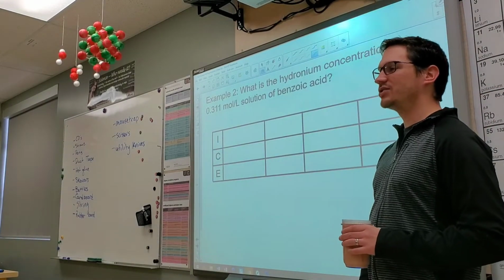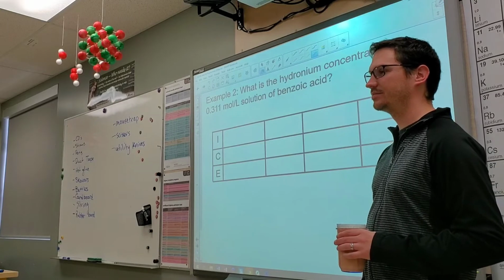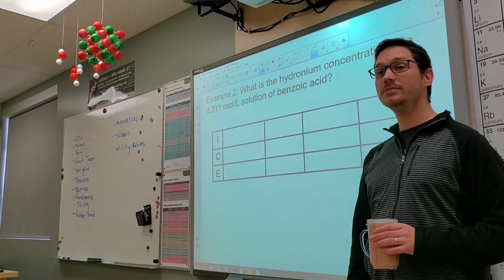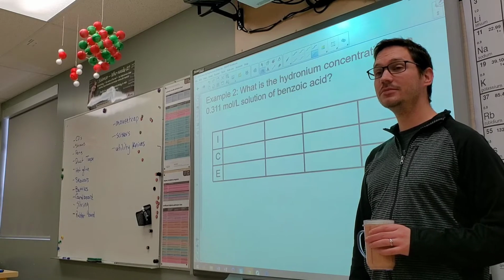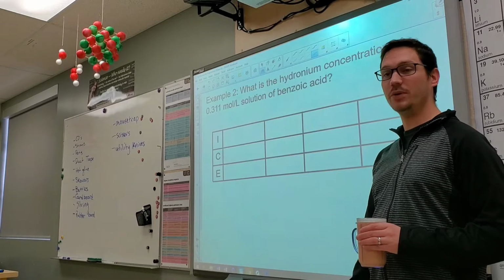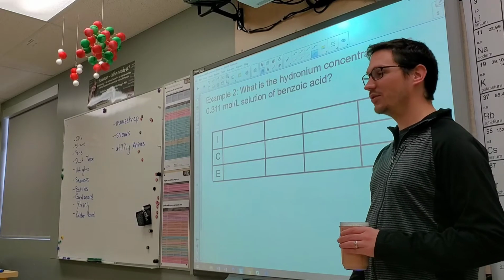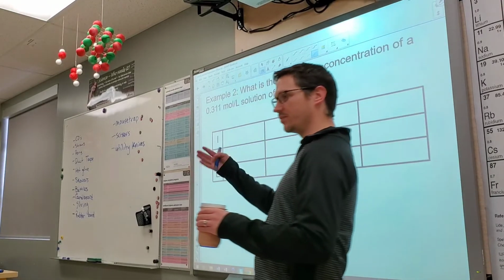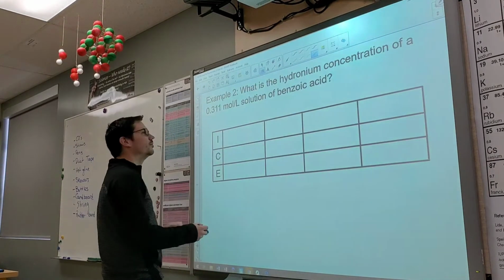How are we going to start this? Write the equation. Should we write an equation? Yes. Where does the hydronium come from? Acid. The weak acid. So let's write the relationship between the weak acid and the hydronium.